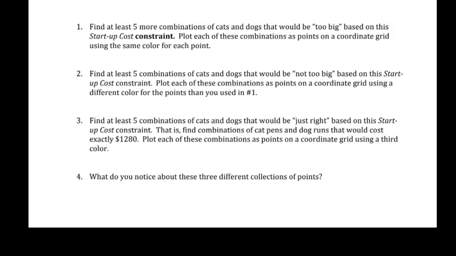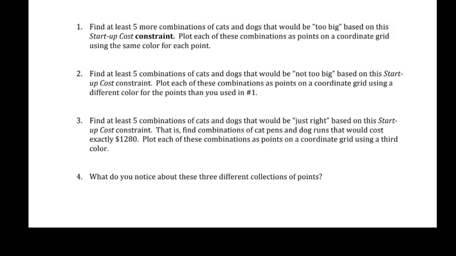We're not going to use the combinations that we looked at yesterday, the having all cats, the 60 cats and no dogs, or having all dogs, the 15 dogs and no cats, or having an equal amount of both, the 12 and 12. So you're being asked to come up with at least 5 more combinations that would be too big. Plot those on a coordinate grid using the same color for all of them.